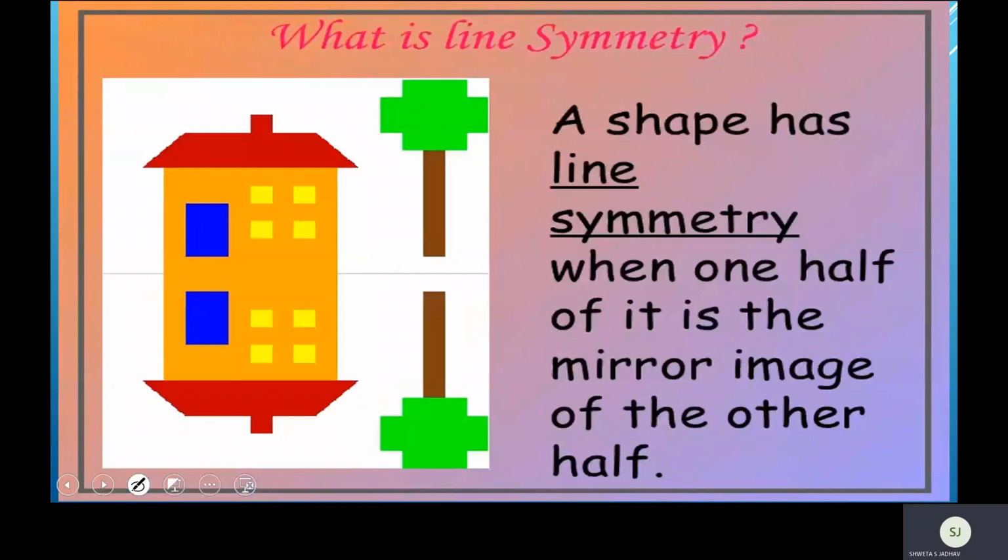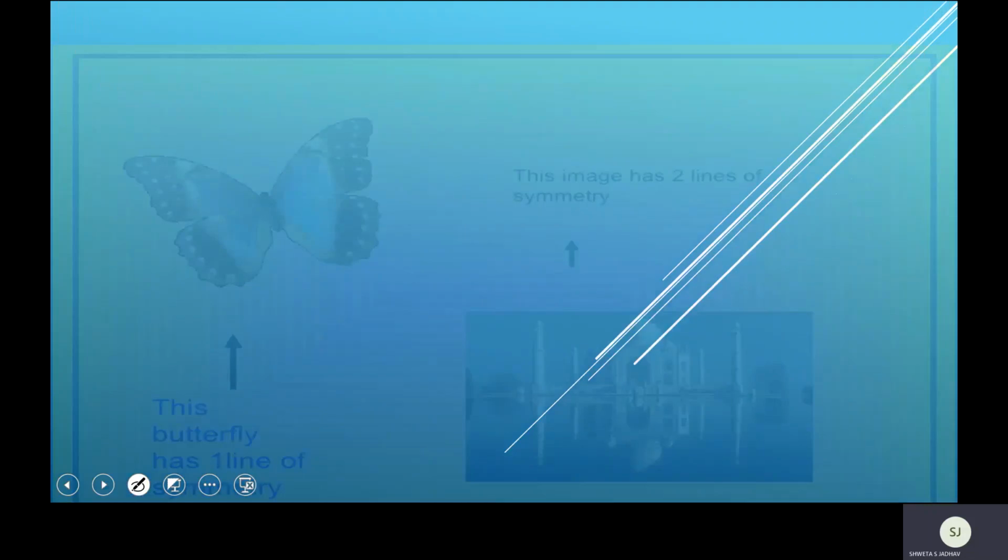And this is an example where you can see a house figure where one half is the mirror image of the other half. When you take the object near a mirror, you can observe that the other half of that object will be reflected in the mirror. That again shows line symmetry.